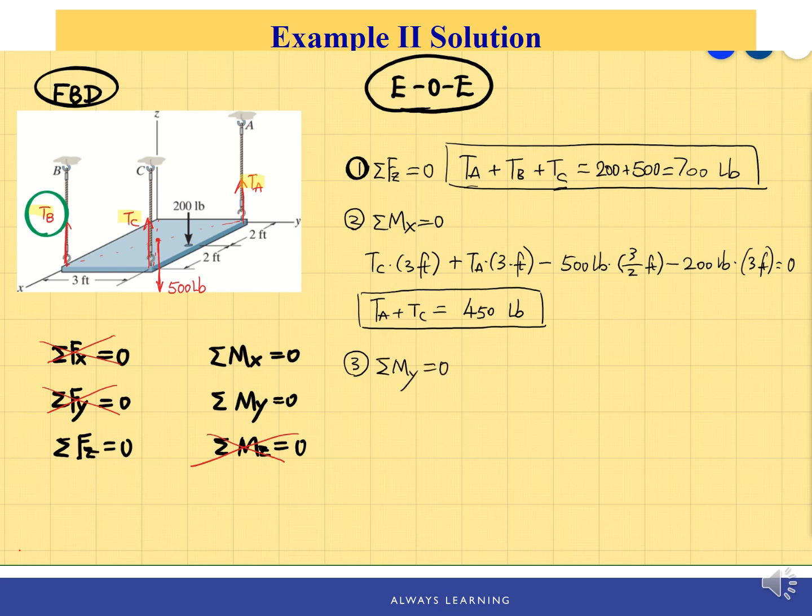Moment about the y-axis is 0. Similar idea, since TA intercepts the y-axis, the moment is 0 about the y-axis, and all the other forces directed in the z direction will cause moment about the y-axis, and the moment arm is along the x direction. Okay. Use the right-hand rule to identify the direction of rotation for the moment.